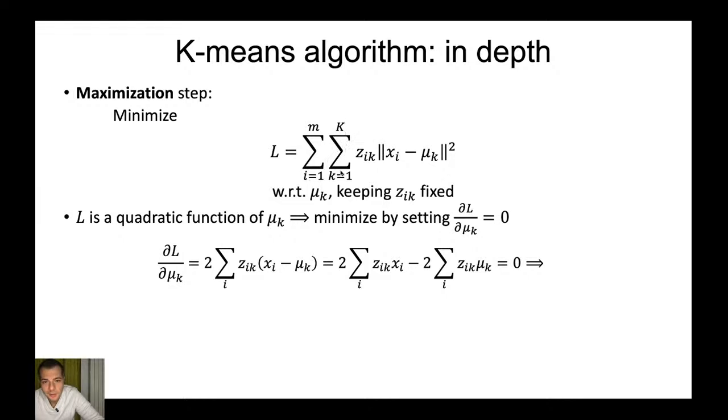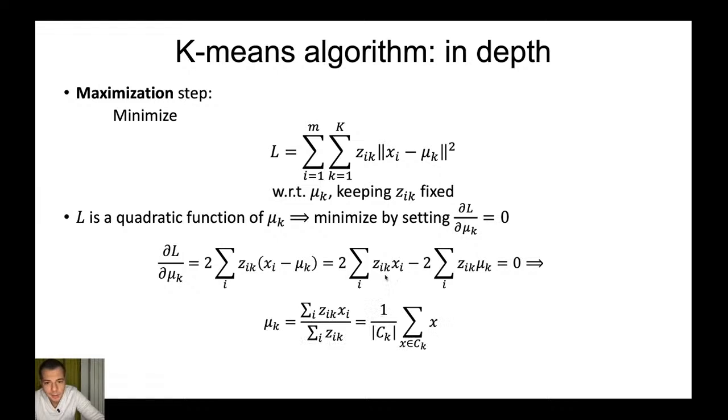Here this sum component gets eliminated because we only have the current k. So here we only have the sum over i of this part, and we have the 2 that goes in front. Then we can distribute the vector z of i and k to each component and rewrite everything like this. And this should be equal to 0.